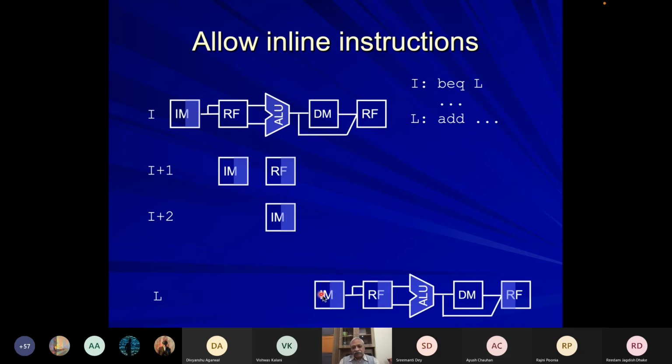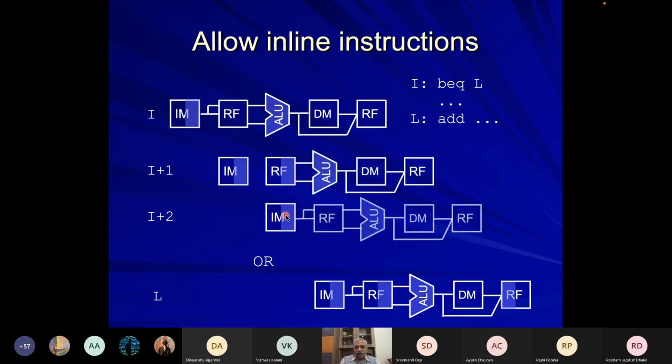So in case we have to branch, we can abandon these and bring a fresh instruction at address L. But in case branch is not to be taken, we allow this chain to continue, and they can proceed without any delay. So here the delay is 2 cycles if branch is taken, and no delay if branch is not taken.